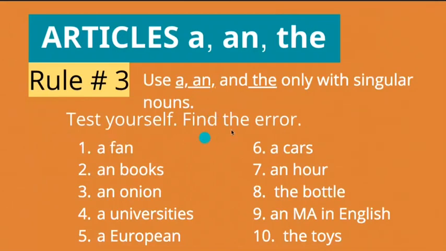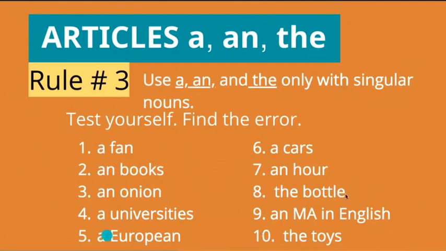Okay? All right, for example, here we have a, an, and the only with singular nouns. Please test yourself, find the error here. Number 1, we have a fan, and books, an onion, a universities, a European, a cars, an hour, the bottle, an MA in English, the toys.